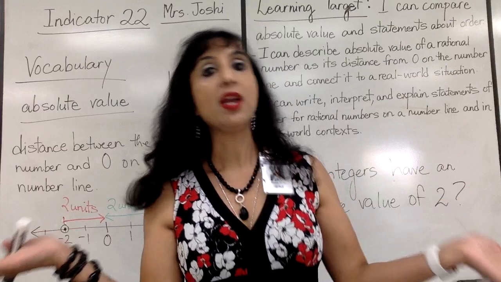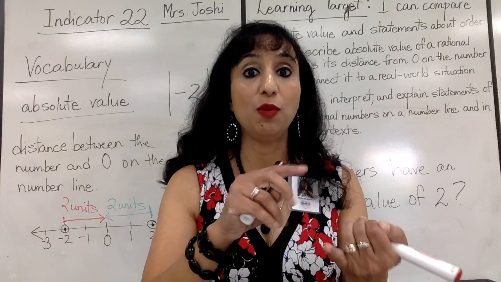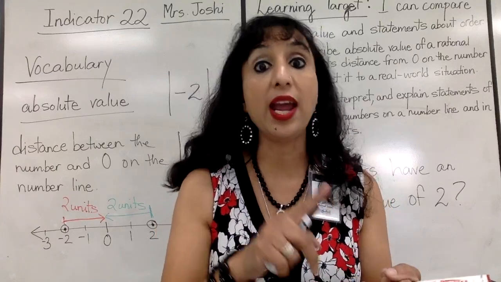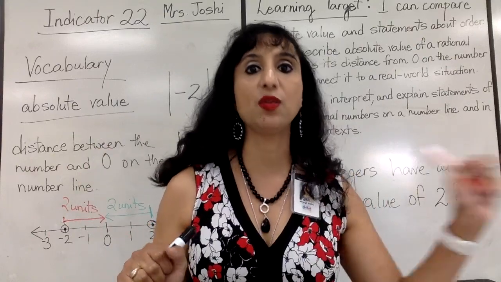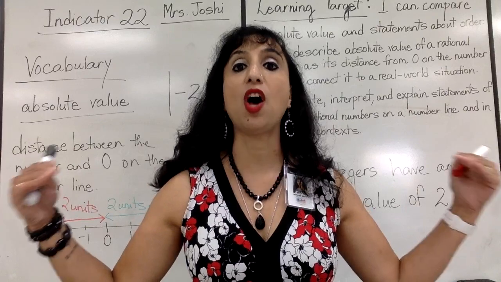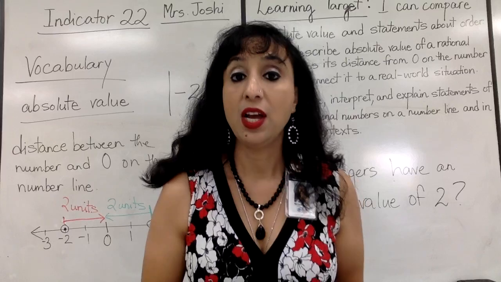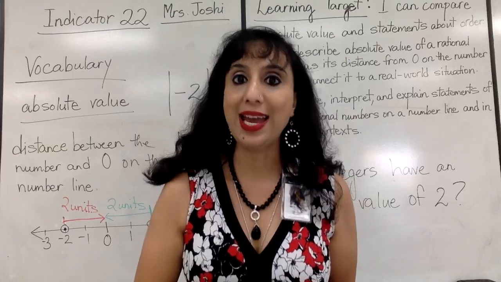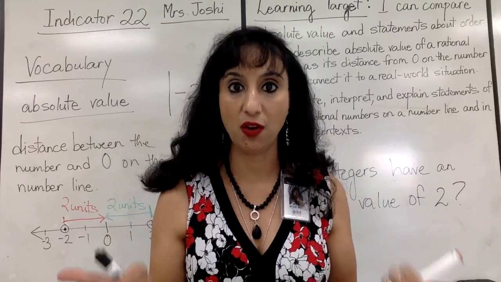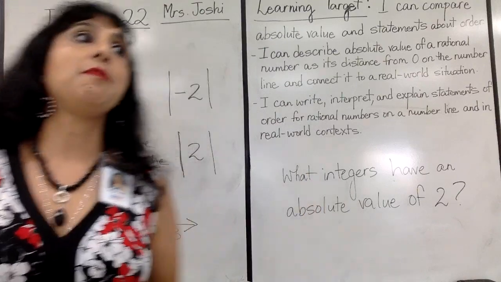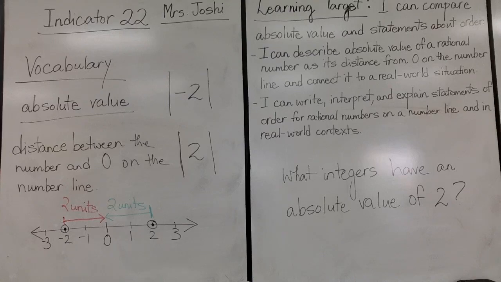If I say absolute value of 8, that means it could be either positive 8 or negative 8, because it's 8 units to the right or 8 units to the left. So the distance is the same, but on opposite sides. That's why if I say what two integers have the absolute value of 8, I would say 8 and negative 8, because they both are measuring the distance, but on opposite sides of 0. Okay, so please remember that. Let's go ahead and solve some problems relating to absolute value.